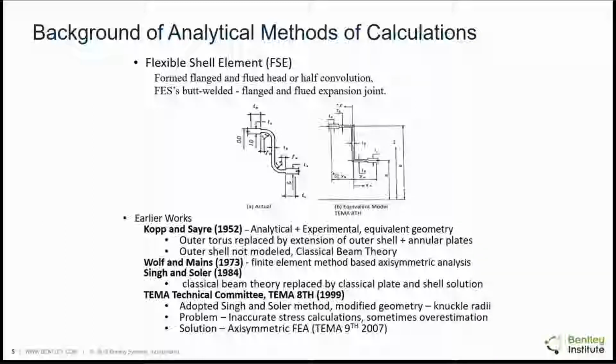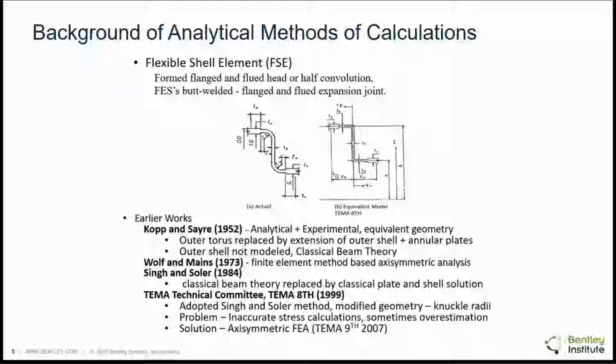So the earlier works include the work of Kopp and Sayre in 1952, when they proposed various analytical and experimental methods using equivalent geometry. There were certain assumptions. The outer torus was replaced by extension of outer shell and annular plates, and the outer shell was not modeled. They used classical beam theory. In 1973, Wolf and Mainz proposed finite element based on axisymmetric analysis, but at that time, the computation speed was not that high.